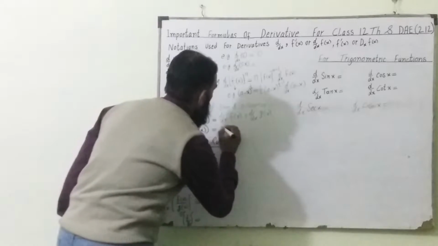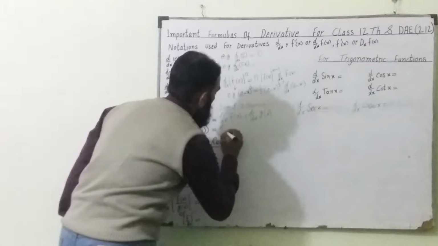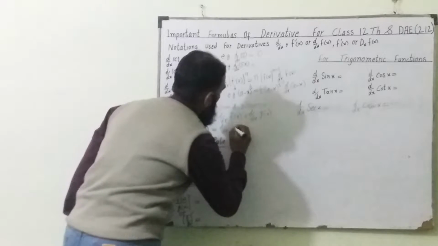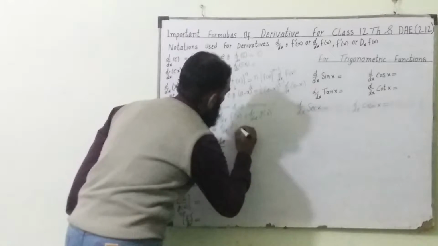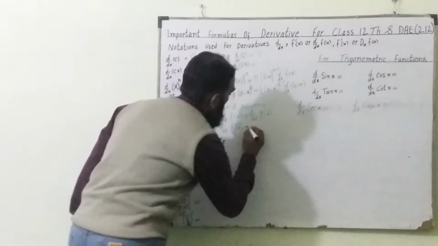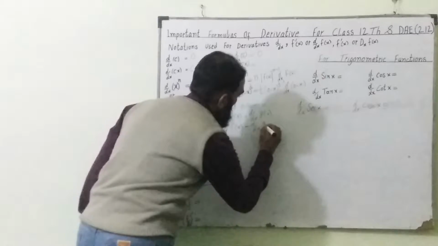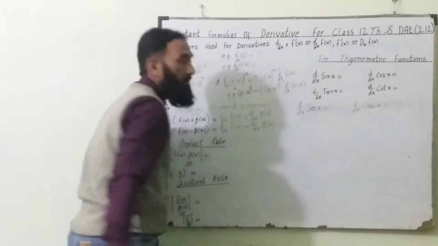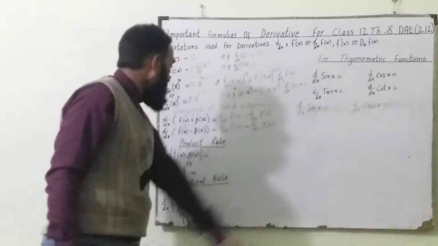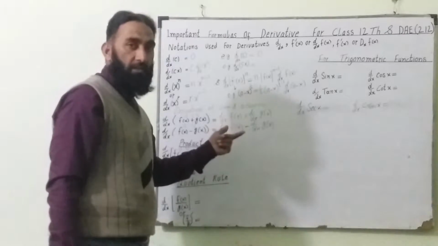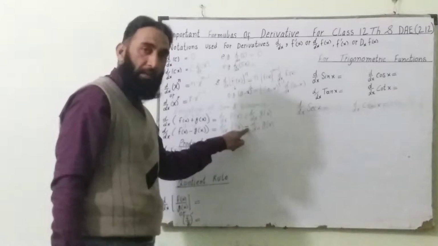So we just apply d by dx of f of x, and here we just put minus d by dx of g of x, just like the above. The difference is just this, that we have put here minus.